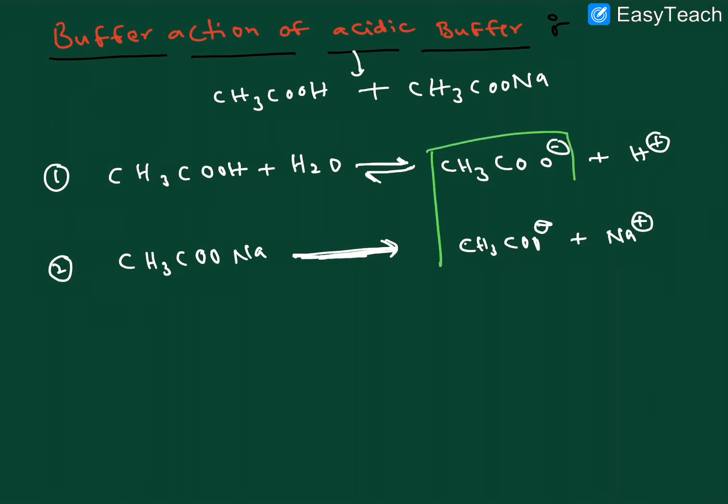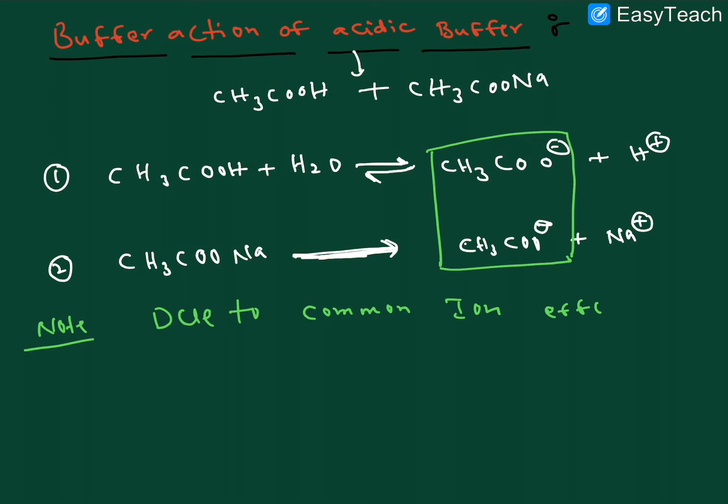Here we observe one thing common: this is the common ion effect. These two ions are common. Very important point: due to the common ion effect, ionization of acetic acid is suppressed.